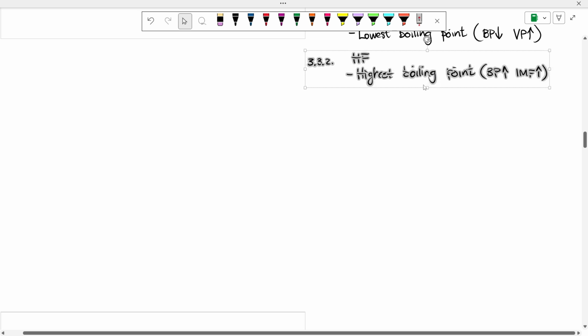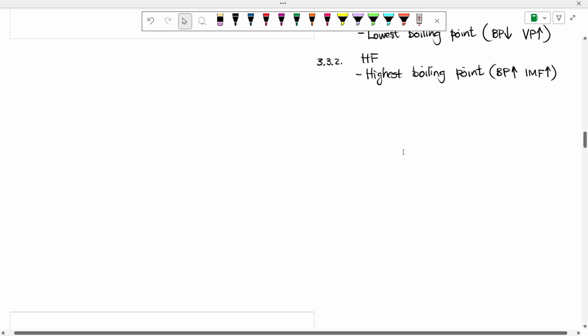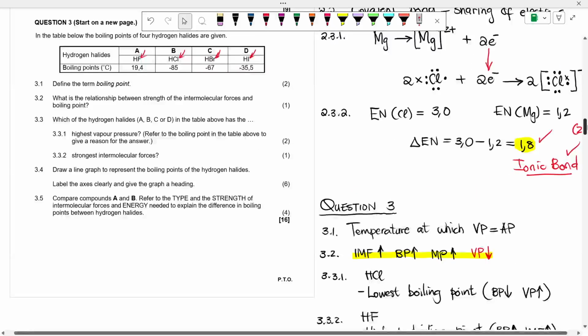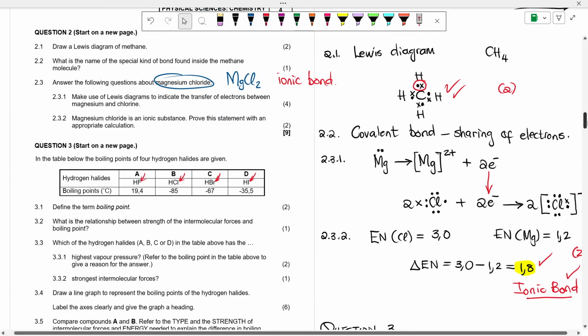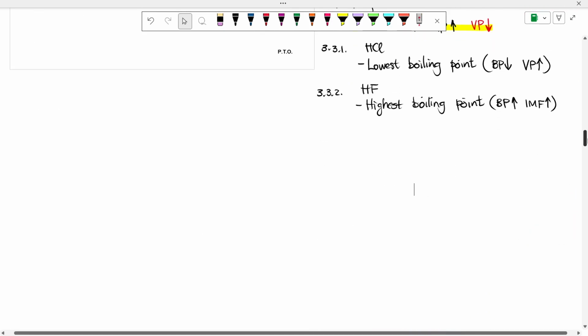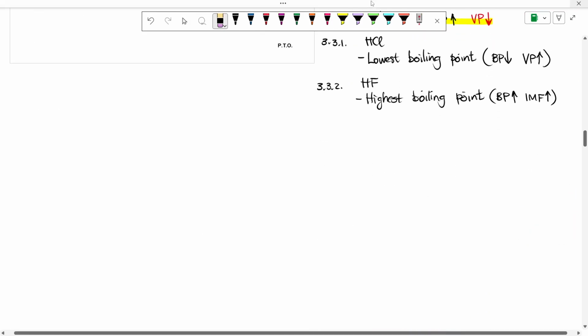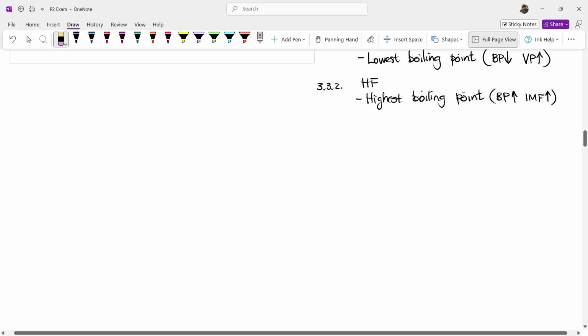Okay. So let's draw the graph. I'm having negative 85 all the way to 19.4. So if I am to draw the graph, I'm just going to do it like this.